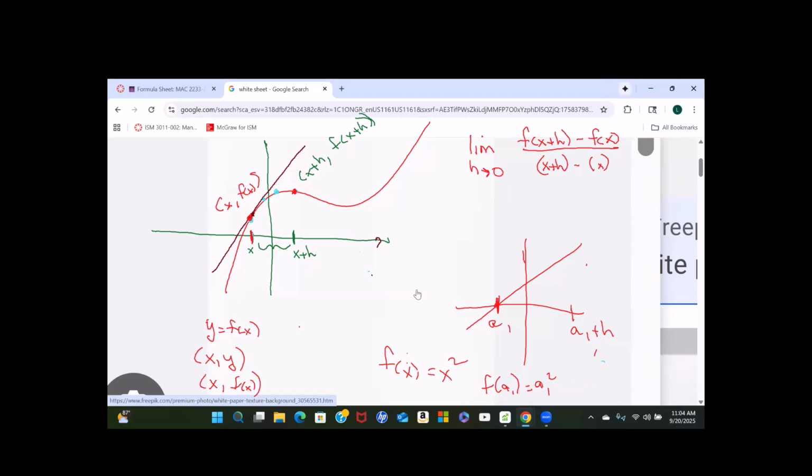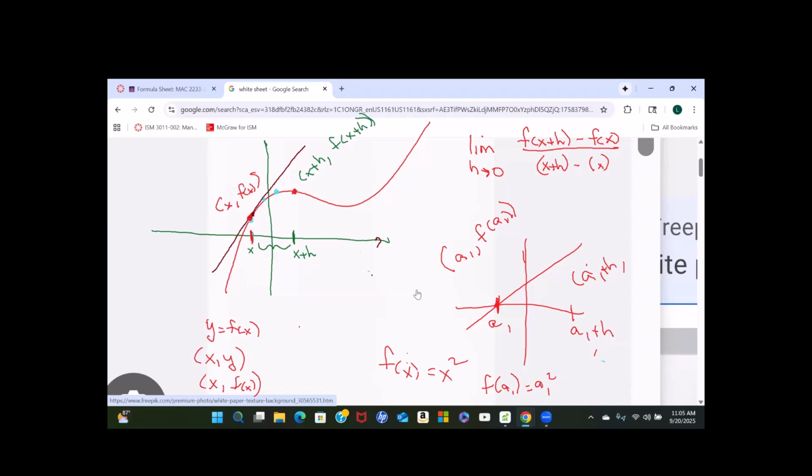So I'll have a point here, A1, comma, f of A1, or A1, comma, A1 squared. Here I'm going to have a point, A1 plus H. I don't know what the point is, but whatever A1 is, I'm going to add some value to it. I'm going to call it H.